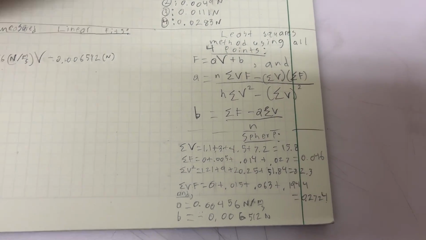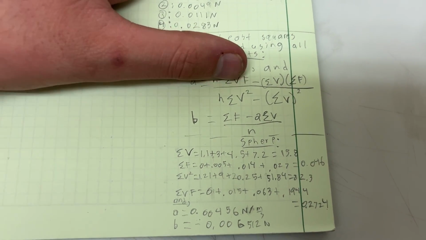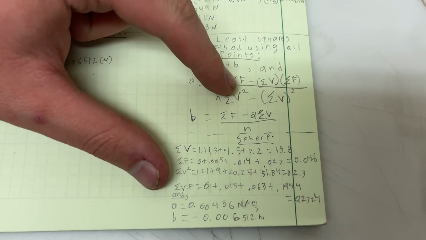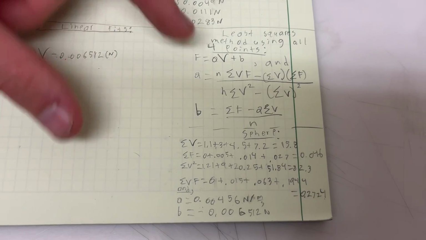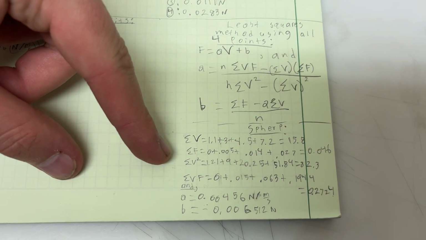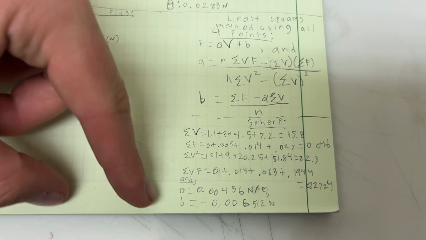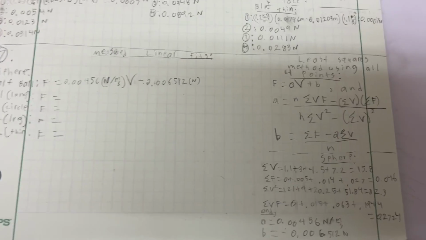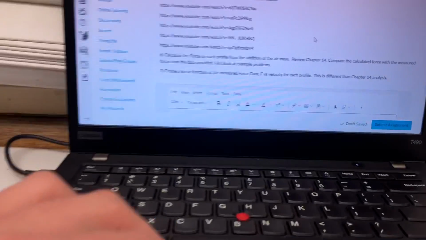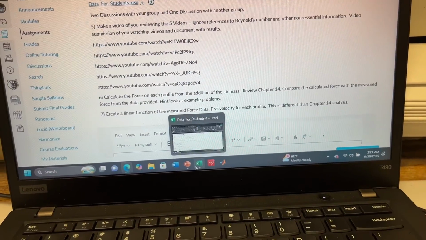So A is equal to the number of data points times the sum of the velocity times force, and then you can see this formula is quite large, but I calculated the values for the sphere by hand. I got A equals this value and B equals this value, and so I wrote that down over here, but I figured this method was a bit too tedious, and so I would just utilize the glorious tool that is Excel.